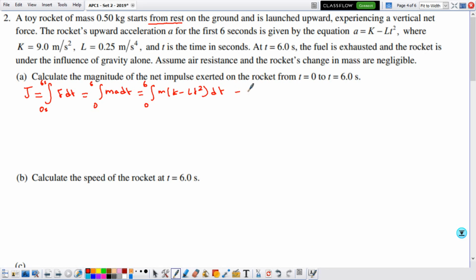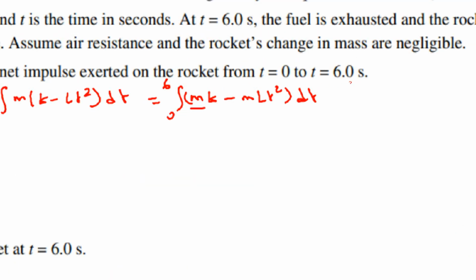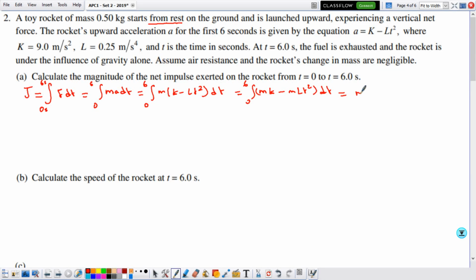Now here let's expand. That would be mk - mlt^2. Now we're ready to integrate. This is a constant term, then we're going to have a linear term, and this is quadratic, so we would have a cubic.